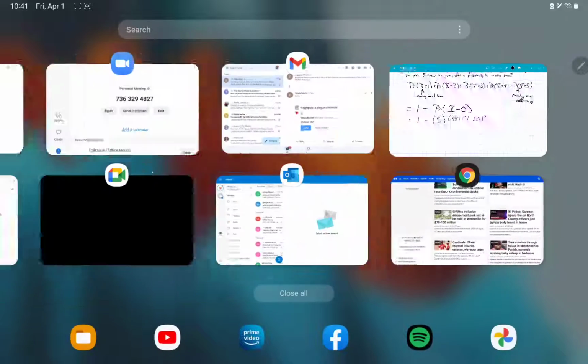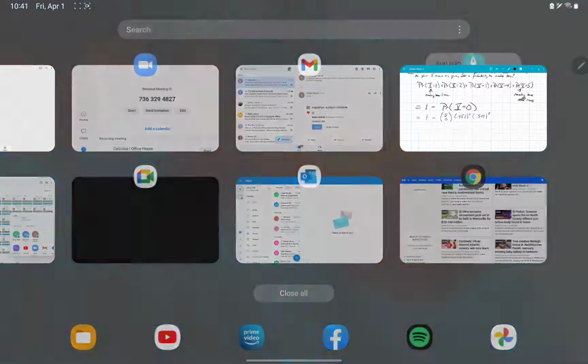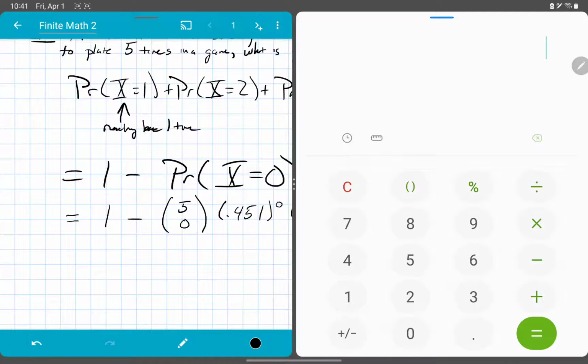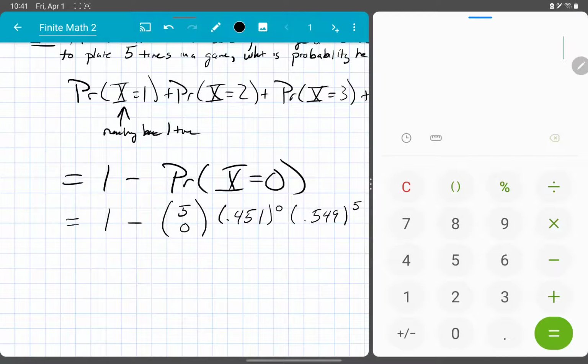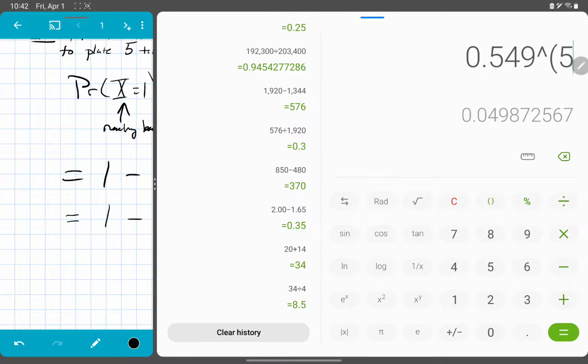I've got a mistake on my page here, so I better calculate this. So this is 0.549 to the 5th power.